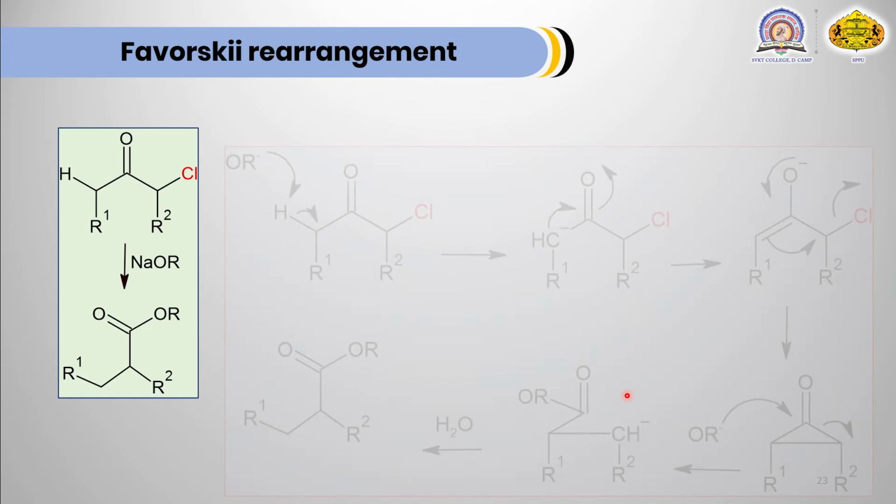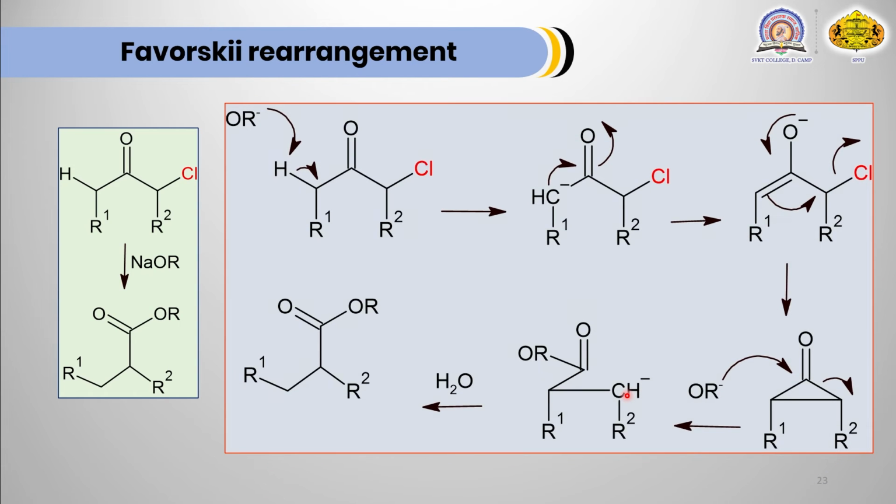This is another example. In this case, an alpha haloketone is converted to the corresponding ester with sodium ethoxide. Once again, the alpha proton is abstracted by the base and there is generation of a carbanion, enolization is taking place, and finally there is formation of a cyclopropanone intermediate.